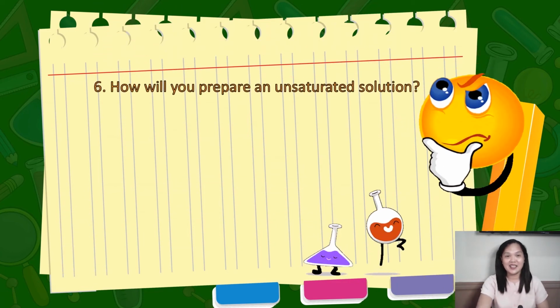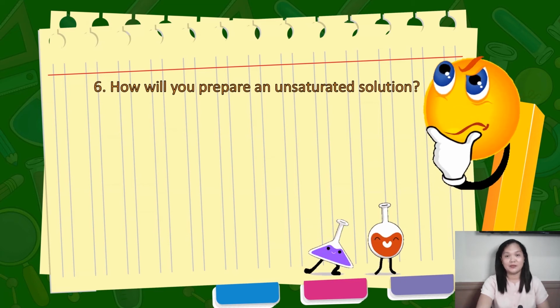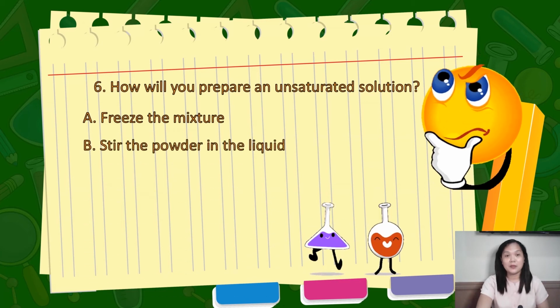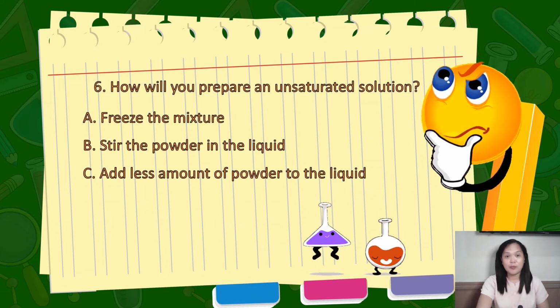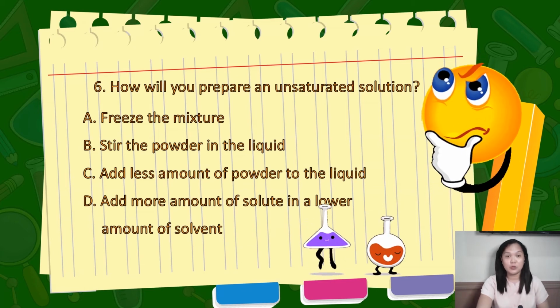Number 6. How will you prepare an unsaturated solution? A. Freeze the mixture. B. Stir the powder in the liquid. C. Add less amount of powder to the liquid. D. Add more amount of solute in a lower amount of solvent.